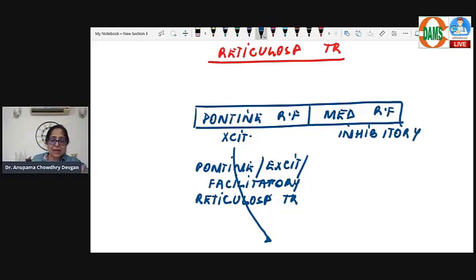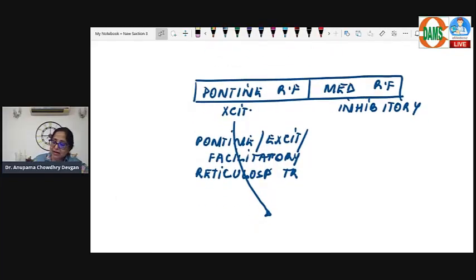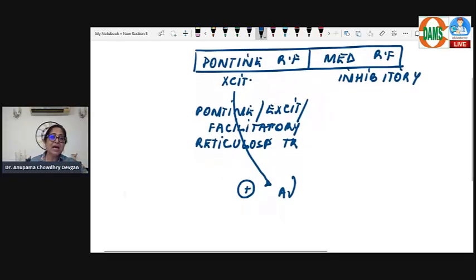Reticulospinal tract. This reticulospinal tract will now increase the A-gamma activity. I've already discussed it with you. The two tracts which control A-gamma activity are the reticulospinal tracts. They increase the A-gamma activity, especially in the lower limb extensors.